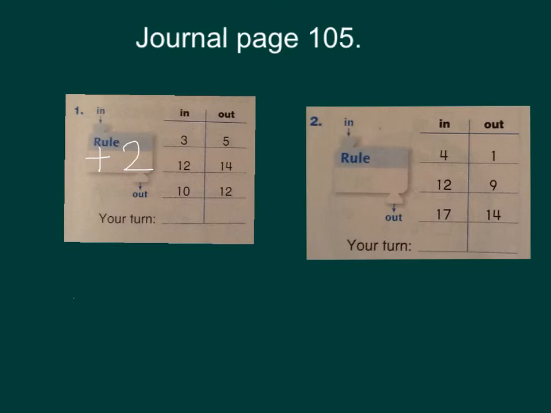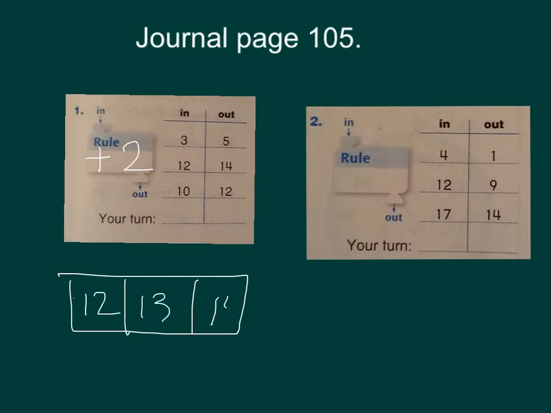So again, I'll make a quick little number line, and we've got 12, 13, 14. Our in number was 12, and our out number was 14. So if I try that and I go 12, 13, 14, 1, 2. So again, our rule plus 2 works again. So go ahead, if we check the next one, 10, 11, 12, plus 2 works.